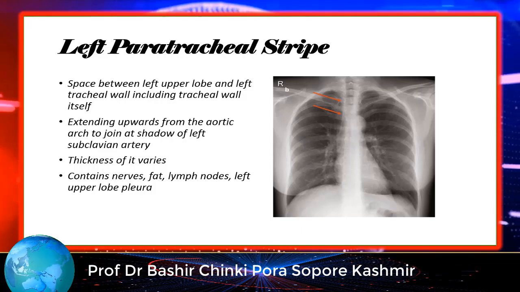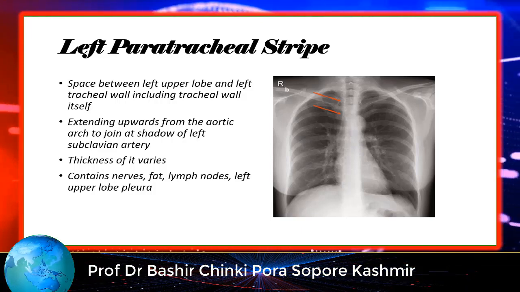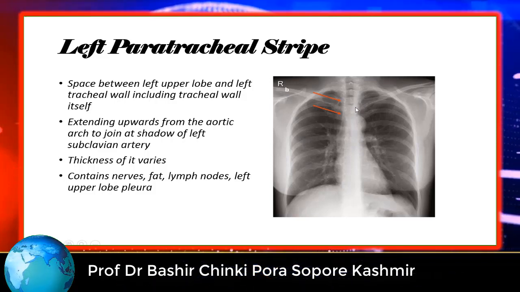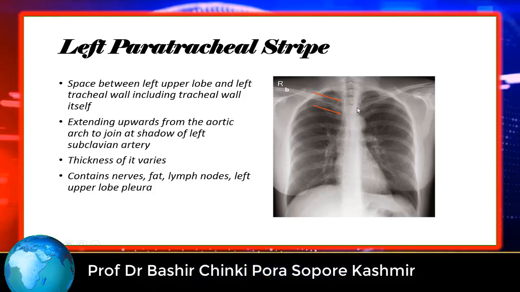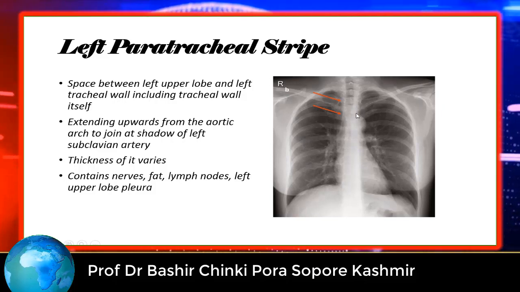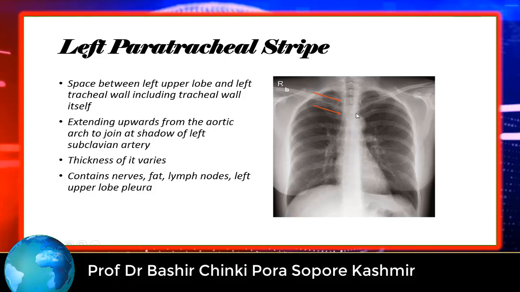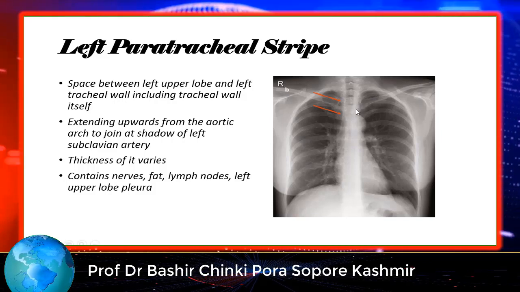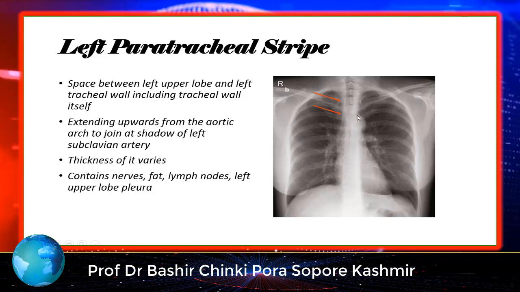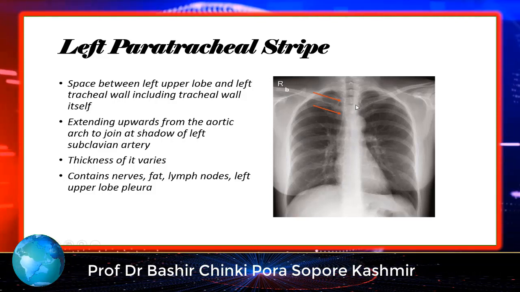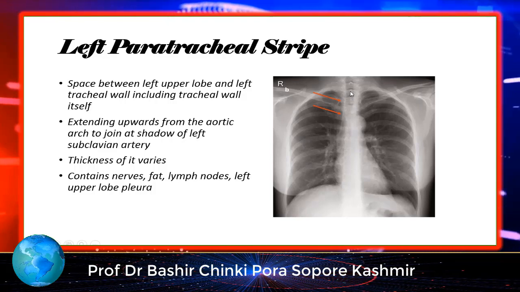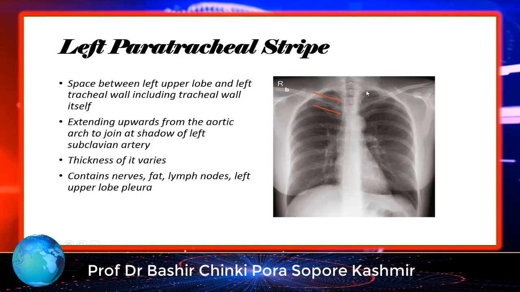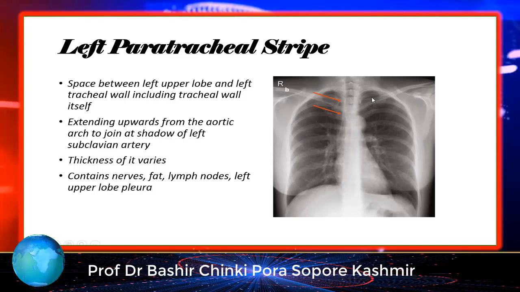Now coming to the left paratracheal line or left paratracheal strip. So this line that you see here is the left paratracheal strip or paratracheal line, and this opacity, this area, the left paratracheal strip, is the intervening area between the air column in the trachea and the left upper lobe.